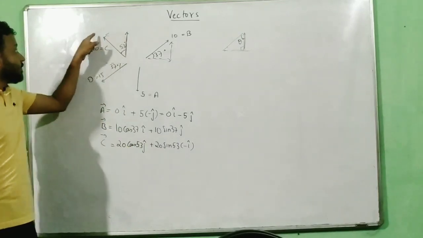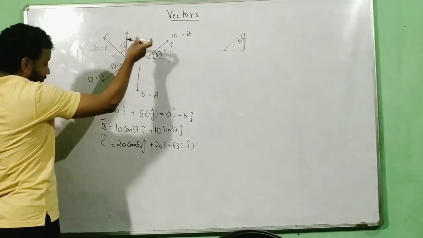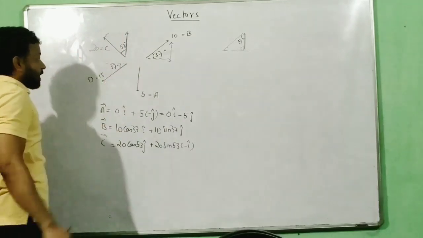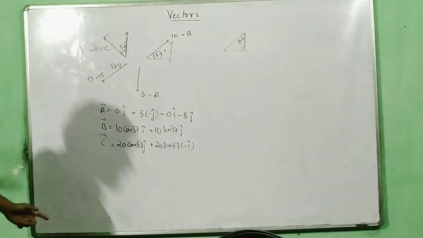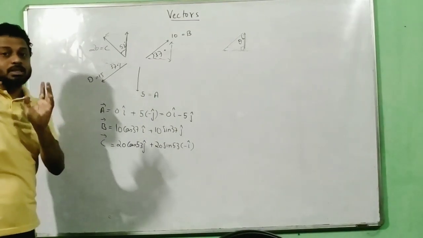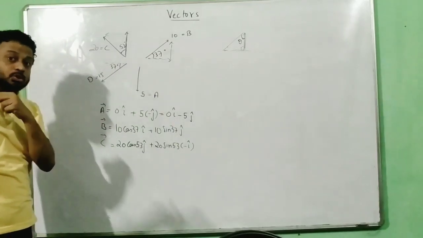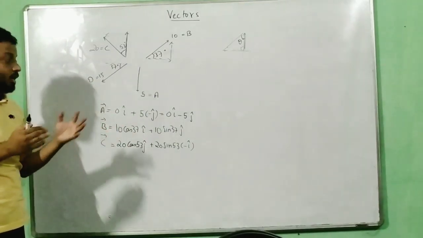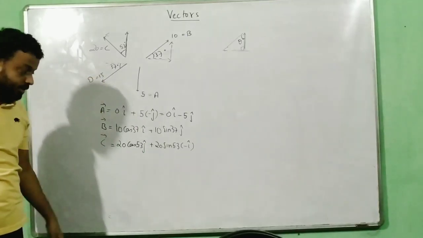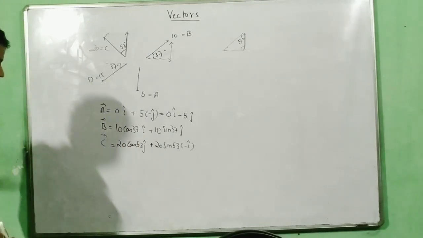Now 20 sin 53 is acting along negative x axis, so minus i cap. 20 cos 53 is acting along plus j cap. Now don't get confused between xy and base and perpendicular. Base and perpendicular are with respect to a triangle where the angle theta is located; that decides which one is base and which one is perpendicular. Whereas i and j cap are with respect to the x axis and the y axis. So 20 cos 53 j cap and 20 sin 53 minus i cap.